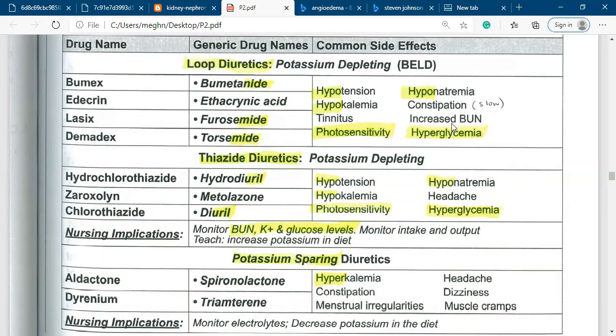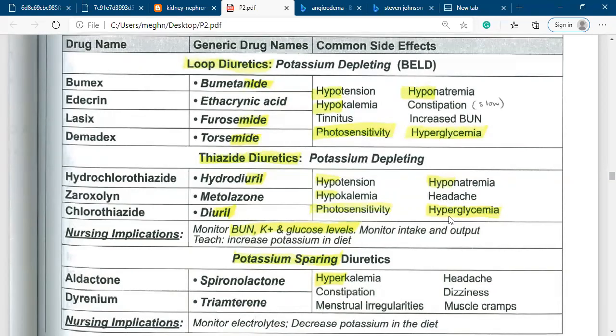Blood sugar goes up. An NCLEX board question asks: if your patient is diabetic and you see the patient has to take loop diuretics or thiazide diuretics, what do you have to check? Blood sugar level. Why? Because they cause hyperglycemia, right?